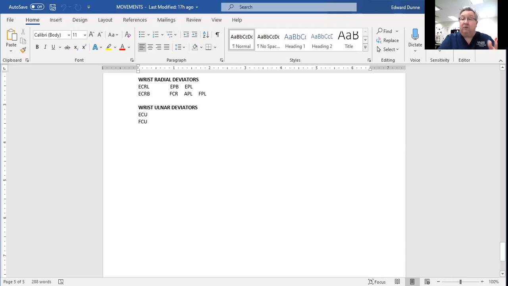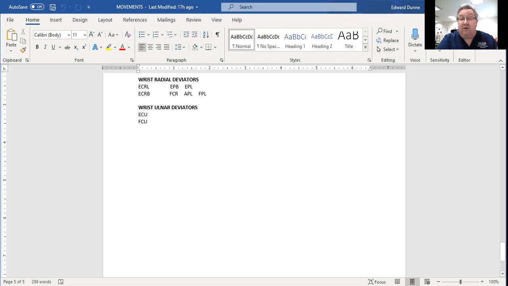And we spoke about those two. Remember, they insert onto the second and third metacarpal, which forces it towards the radial side. Hence, extensor carpi radialis longus and brevis do radial deviation.